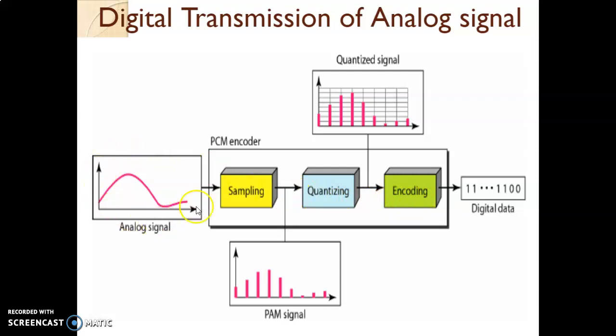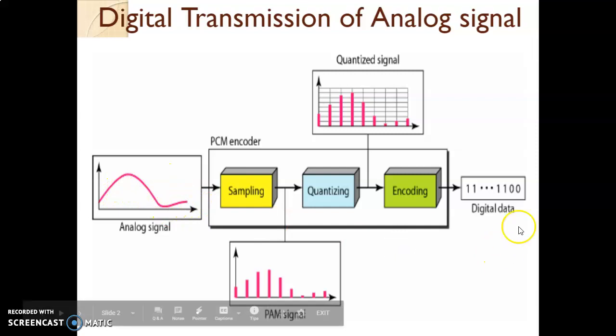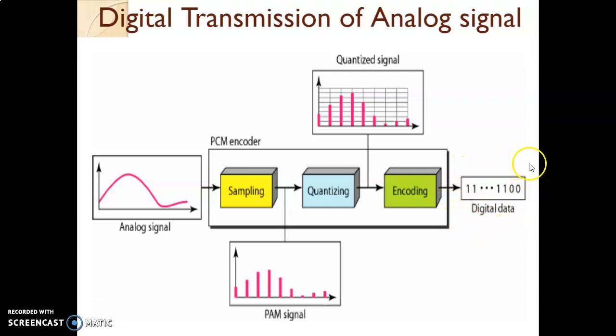The input signal to a PCM encoder, which is pulse code modulation, is the analog signal, and the output of this PCM is our digital data, in the form of ones and zeros. The input to the sampler is the analog signal, which will look like this.